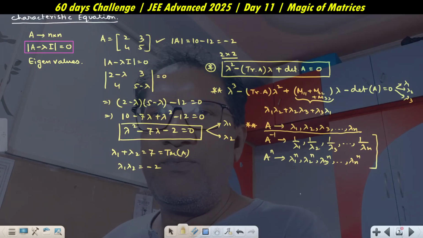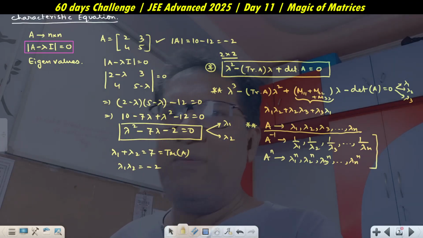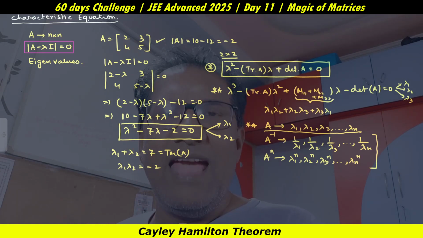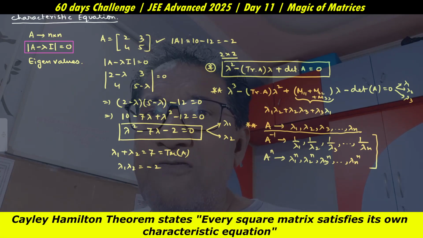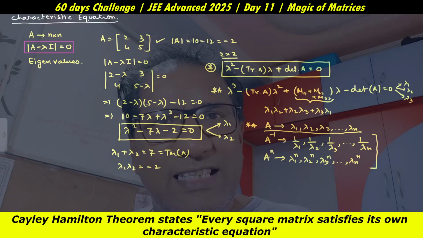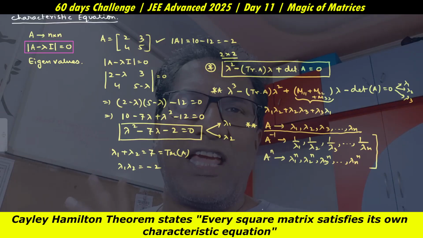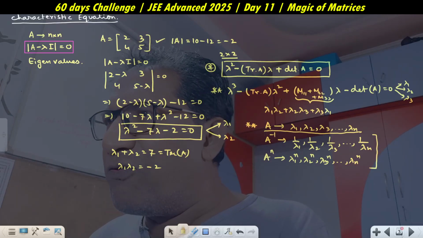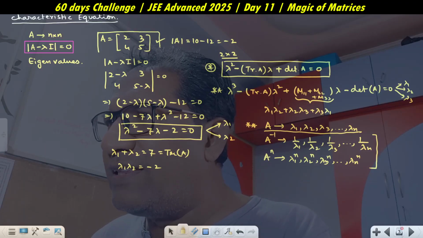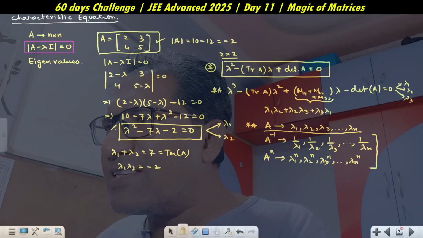Very important. And one more theorem is there. It is the Cayley-Hamilton Theorem. It states that every square matrix is going to satisfy its characteristic equation. That is, for the first example that we have taken, the characteristic equation for this matrix is this.